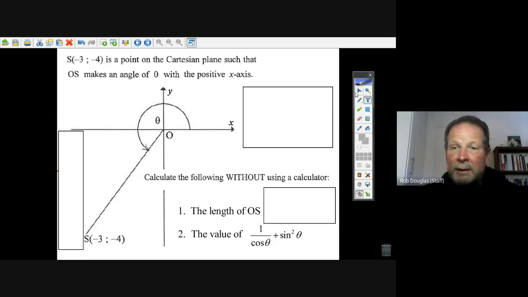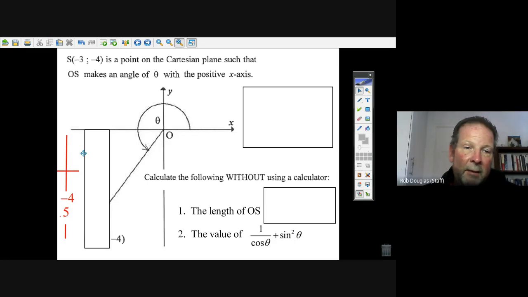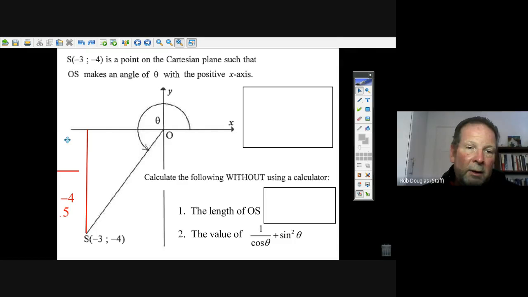Well, let's see how we do that. I'm going to get rid of that little box there. What you do is you build a triangle right there. You go from -3 and -4 straight to the x-axis, and then look at this part of the triangle. What's going on there?